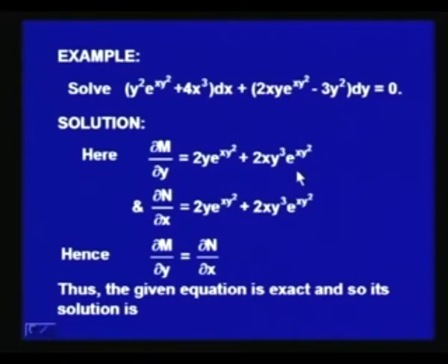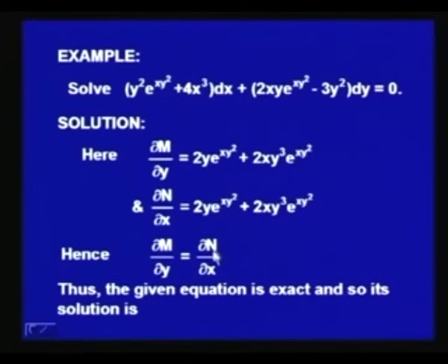We have differentiated M partially with respect to y, keeping x as a constant, and when we differentiate N with respect to x, keeping y as a constant, that is, we find delta N over delta x, we get 2y e to the power xy square plus 2xy cube e to the power xy square.